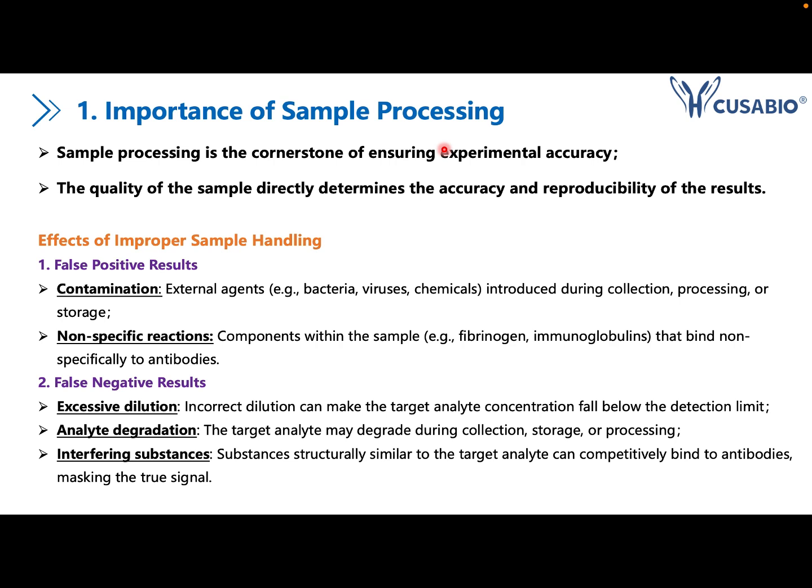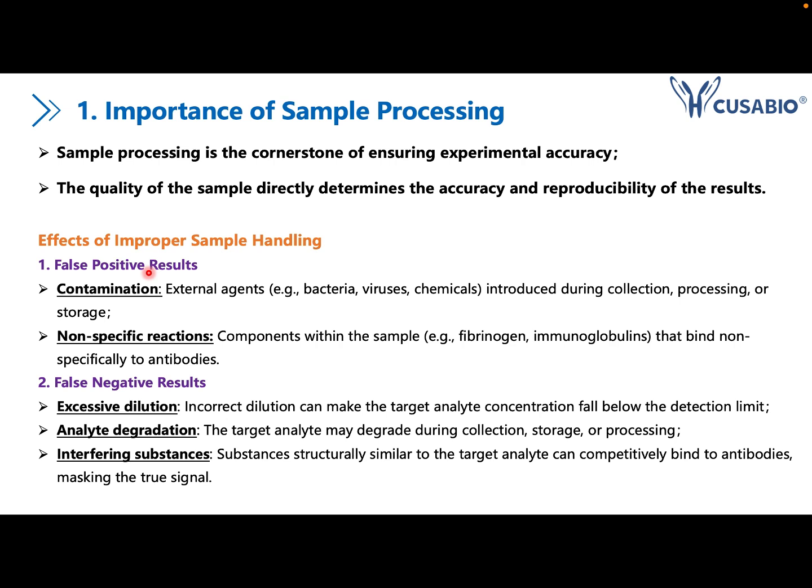If you do the sample handling improperly, I would say there are 3 effects that you may see. The first is false positive results, then false negative results, and the last is increased experimental error. False positive results usually come from two sources: contamination and non-specific reaction.